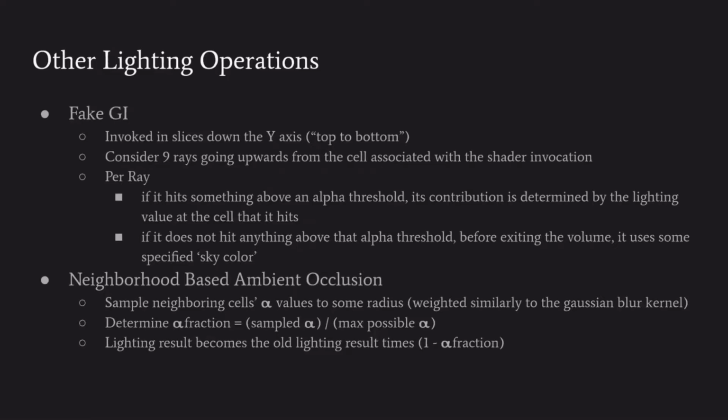So we're determining an alpha fraction that is the sum of all the sampled alpha values over the maximum possible alpha values that you could see if all samples were at some maximum value. Here, 255. And so the light in the buffer is then decreased by multiplying it by 1 minus this fraction.